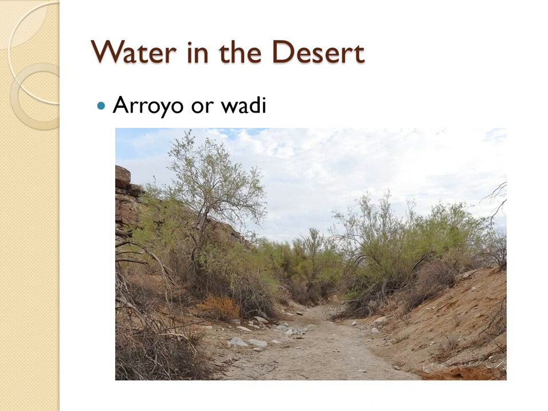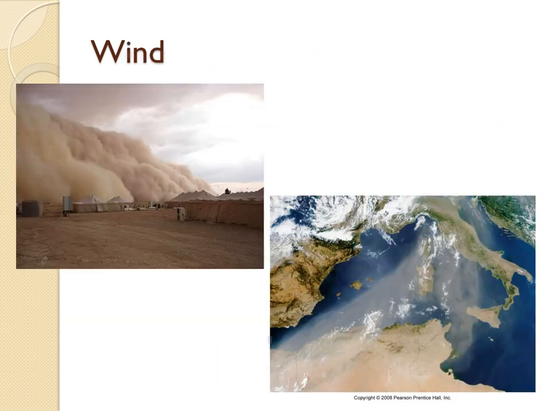If you were to travel to the Middle East, because they have a lot of deserts, a lot of our desert terms are Arabic in nature just because the Arabian Peninsula is a big desert. So if you were over there, they refer to these as wadis, it's kind of a fun word. Now, even though water is super important, wind still plays a pretty significant role in deserts, though.